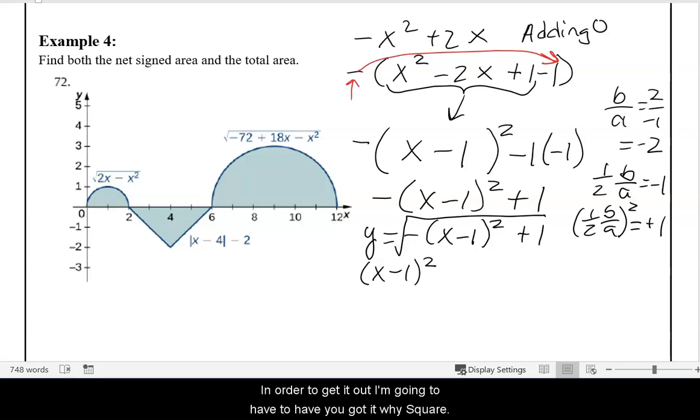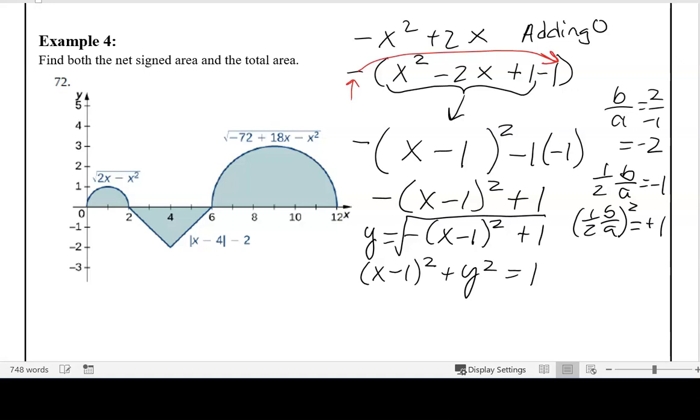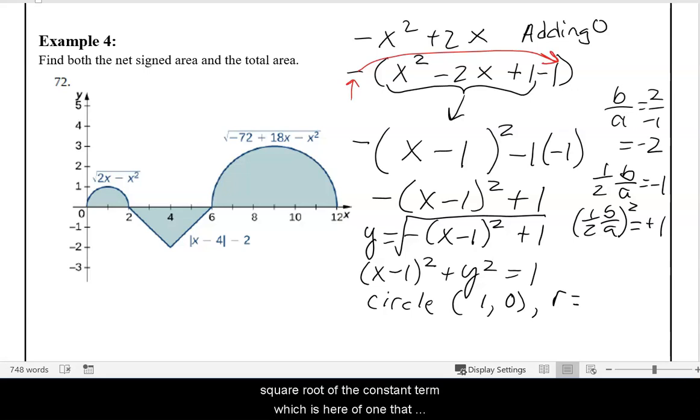In order to get it out, I'm going to have, you got it, y squared, and that will give me 1. This is going to be a circle, centered at the coordinate 1, 0, and the radius is the square root of the constant term, which is the square root of 1. That gives me a radius of 1.